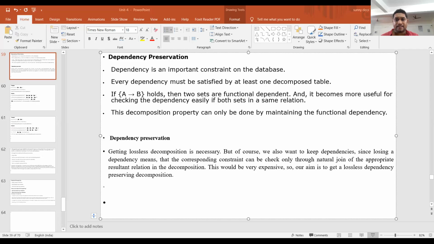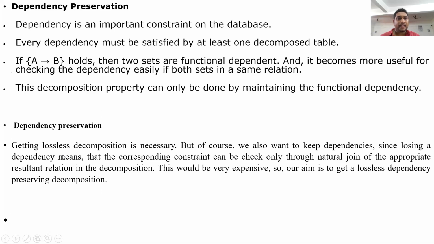We can easily understand how to use dependency preservation by means of this definition. Getting lossless decomposition is necessary. But of course we also want to keep dependencies, since losing a dependency means that the corresponding constraint can be checked only through natural join of the appropriate resultant relations in the decomposition. That is, we are using the first property, lossless join.